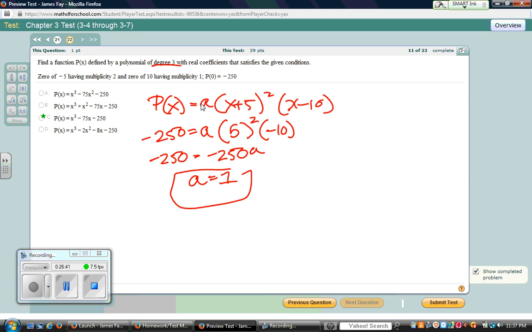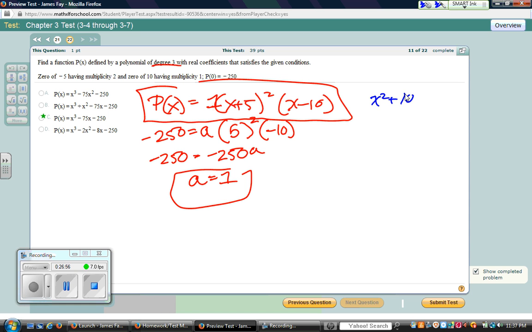Now this a value is 1. I need to multiply this function out. Well, x plus 5 squared will be x squared plus 10x plus 25. And now I'll multiply that by x minus 10. The a value is 1, so you really don't notice it. x times x squared is x cubed.